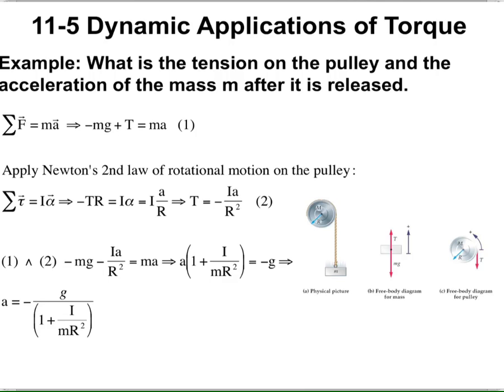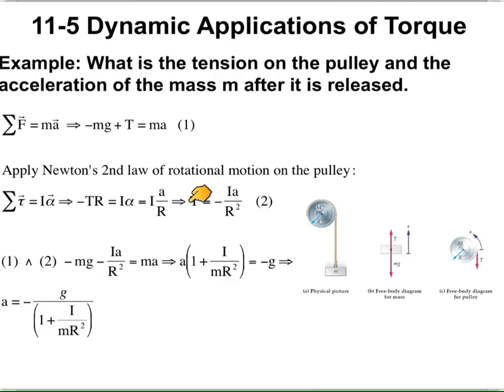A is the linear acceleration of any point on the rim of the pulley, and R is the radius of the rotation. So we already know that, right? There is no difficulty on this point. This, in fact, will save us, because this is the point where these two equations are related to each other.